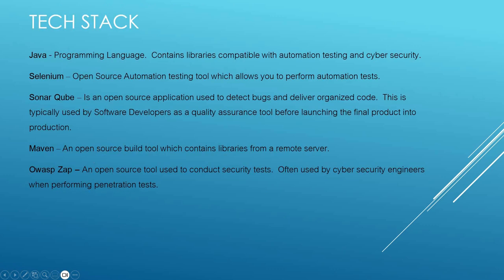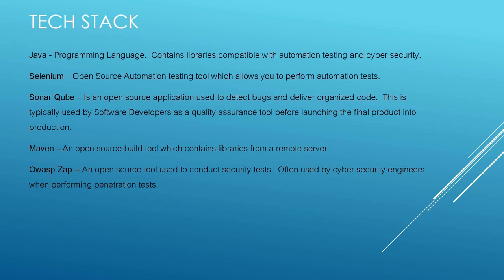Then the next tool that we're going to be using is Owasp ZAP. And Owasp ZAP is an open source tool used to conduct security tests. And it's often used by cybersecurity engineers when performing penetration tests. So basically, Owasp ZAP is the tool that allows us to conduct the vulnerability report.